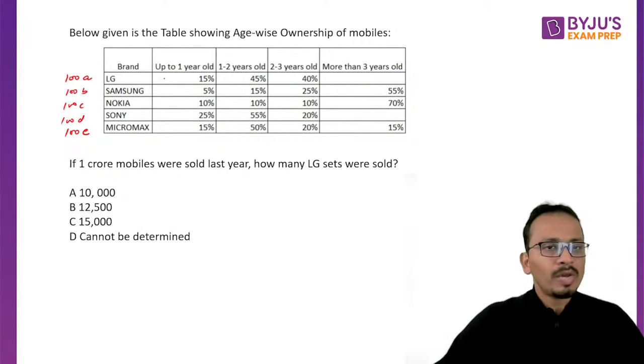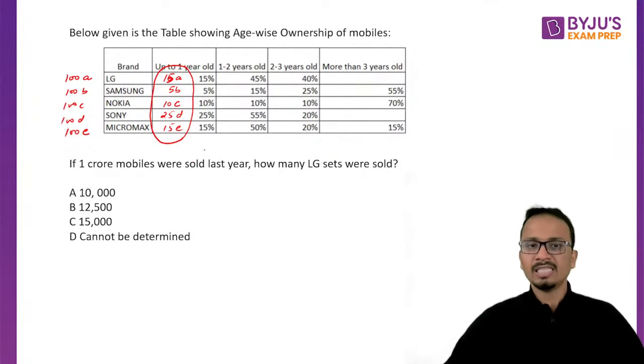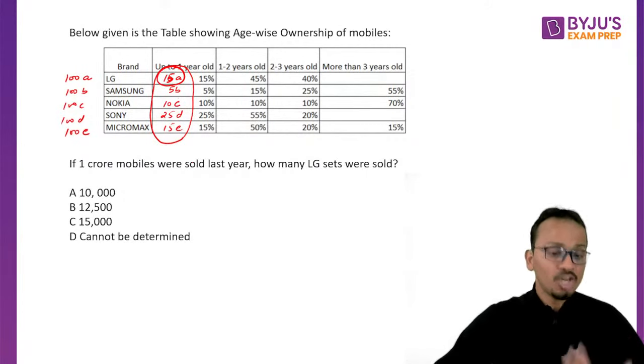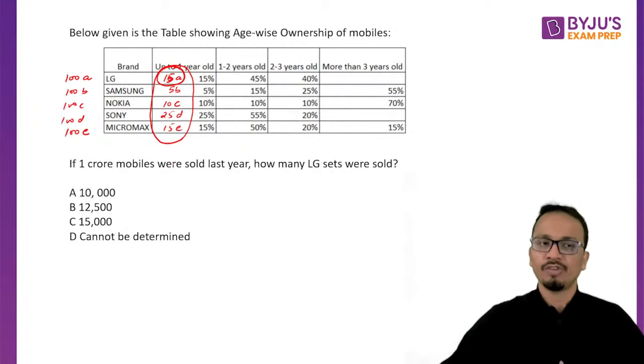In the last 1 year, the number of LG sets sold was 15A, that is 15% of 100A. This will become 5B, 10C, 25D, and 15E. Now 1 crore is given as the sum of these 5 numbers. And they are asking about the value of 15A, which cannot be determined on the basis of just this much information.